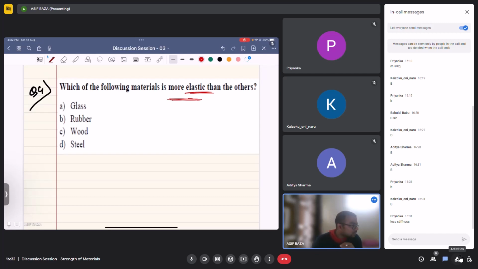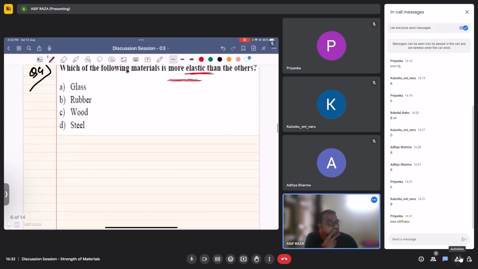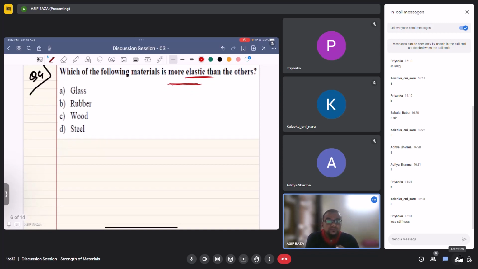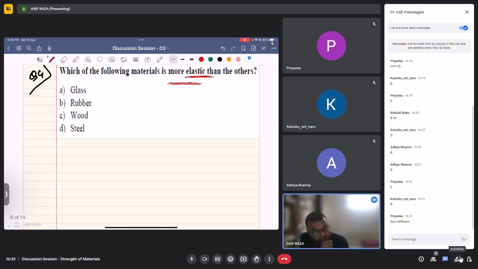Priyanka has given the answer as less stiffness. Actually, that is quite opposite to it. So, elasticity is the property by which a body attains its original configuration when the external force is no longer applied, and it is given by the modulus of elasticity, if you would remember.